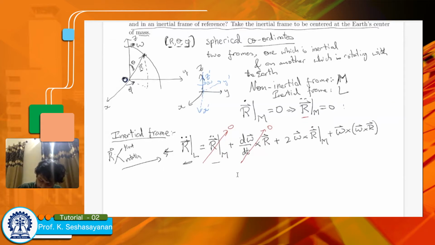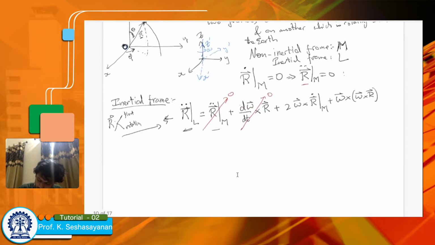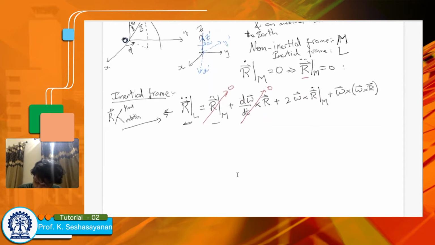So this finally brings us to this equation, and we can actually do one more simplification. R dot, the velocity in the moving frame, is also 0. So this gives that R vector double dot, the acceleration in the inertial frame, is nothing but omega cross omega cross R. Okay.